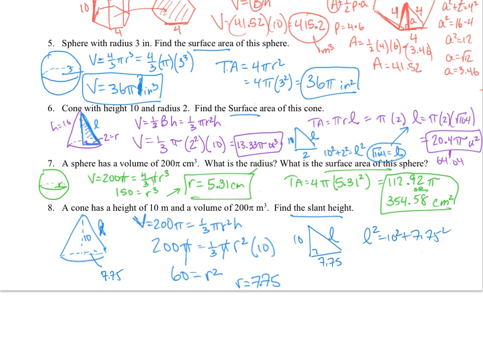So this 7.75 squared should end up being 60. So you should end up with L squared as being 160. And then we need to take the square root of that, which will be L is going to be 12.65, and that's meters.